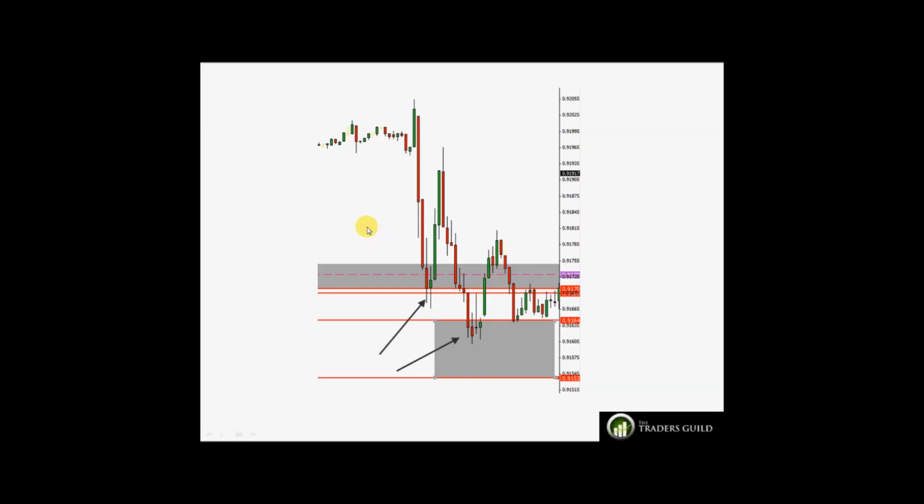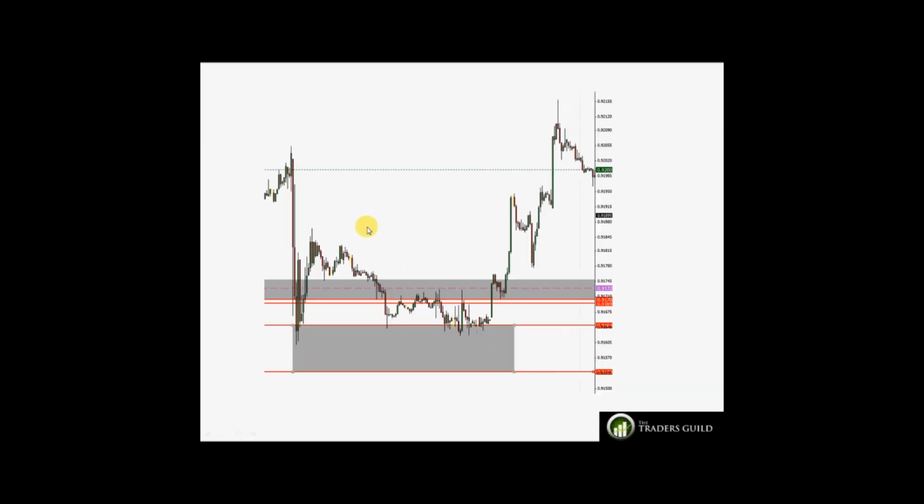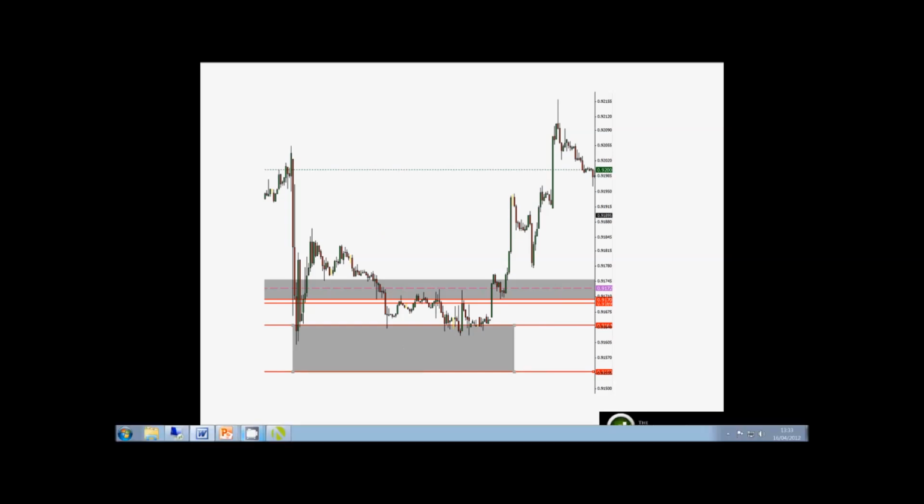Okay, now if I zoom out again for the next chart. This is the 15-minute time frame. Sorry, no, this is the 5-minute time frame. This is the initial rejection of this zone here. Price closed above it on the 1 minute time frame, if you remember from the previous chart.